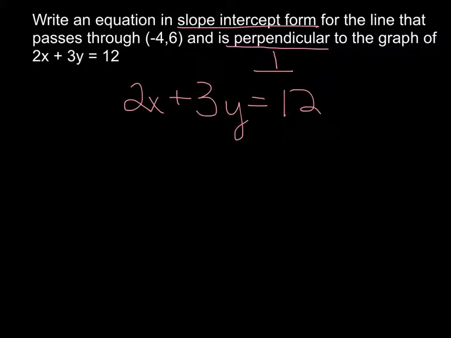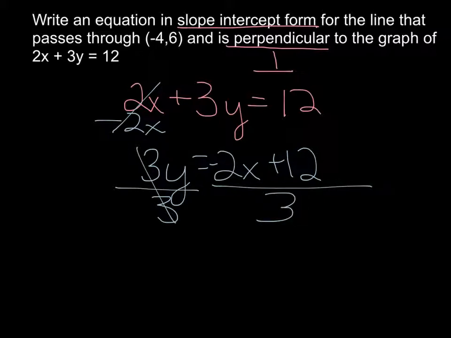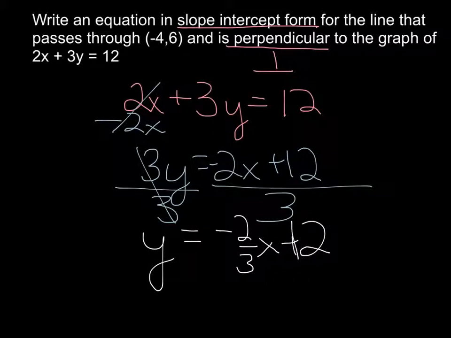So you begin by subtracting 2x from both sides, and then you have 3y = -2x + 12. You divide both sides by 3, leaving you with y = -2/3 x + 4. So your slope is -2/3.